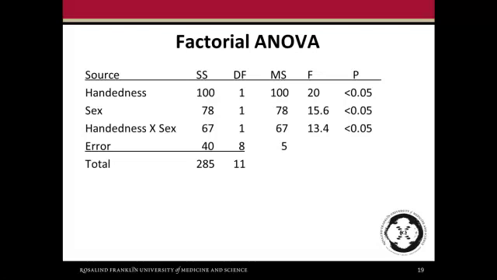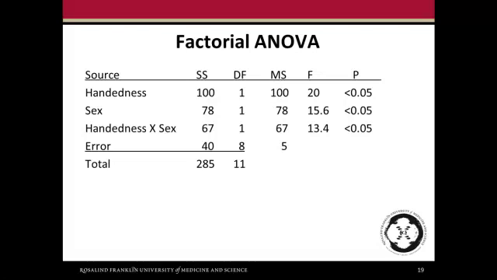So if we look just at handedness, of course we have our sum of squares and our degrees of freedom. Our mean squares are our sum of squares divided by our degrees of freedom, and then we have our F statistic, which is calculated by handedness divided by the error. Here we have 100 divided by 5, which is 20.